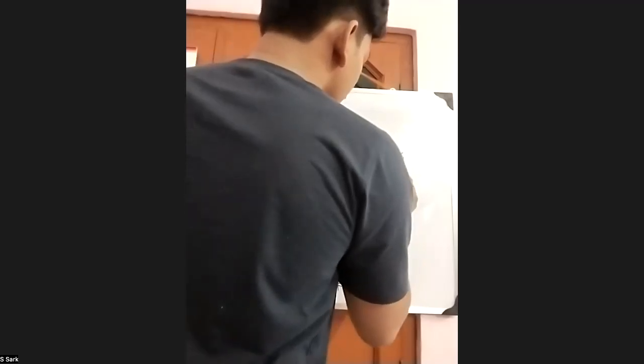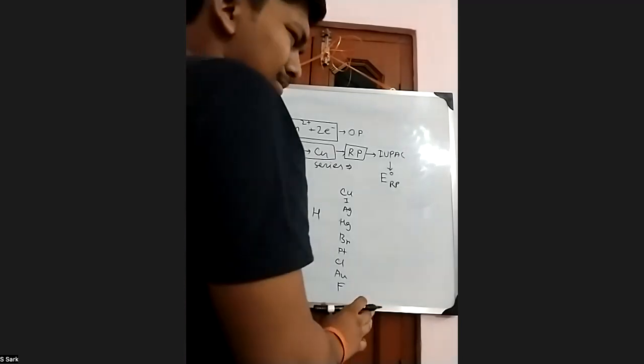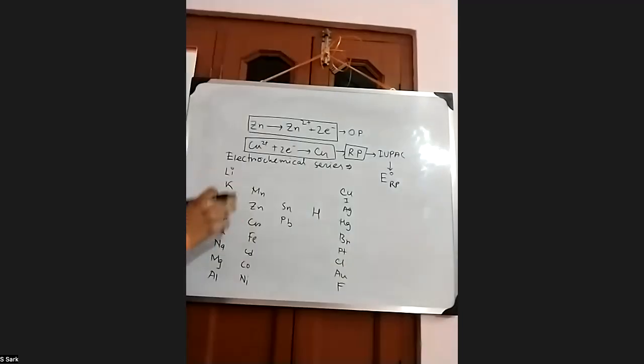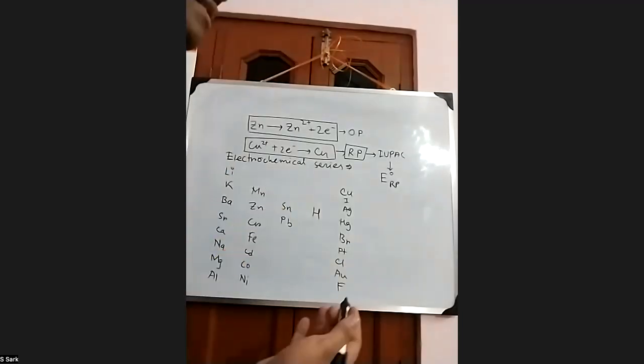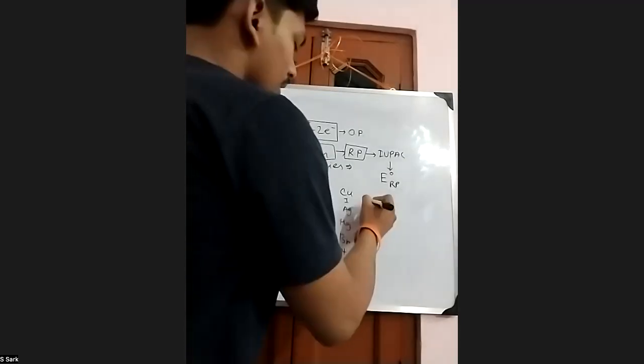So we take the standard reduction potential of these metals and non-metals to know how reactive a metal or non-metal is, and to know to what extent the oxidation power and reduction power of this metal and non-metal will be.